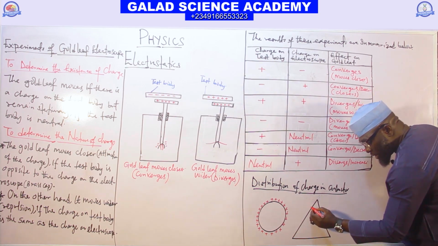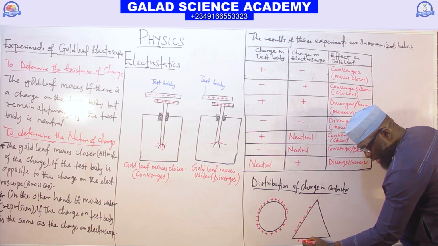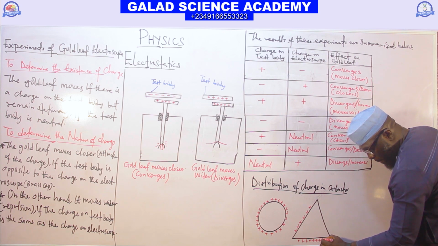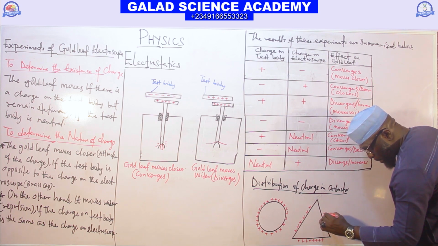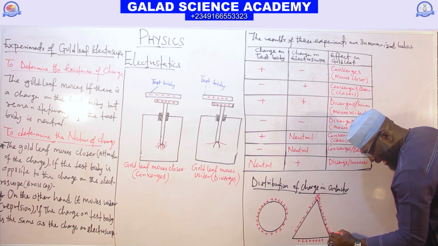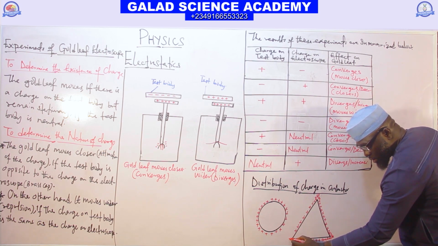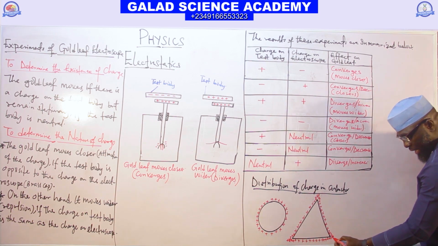So here the charge is distributed uniformly. But at this point, look at the charge now. Charge is more concentrated at a sharp corner due to the small surface area.